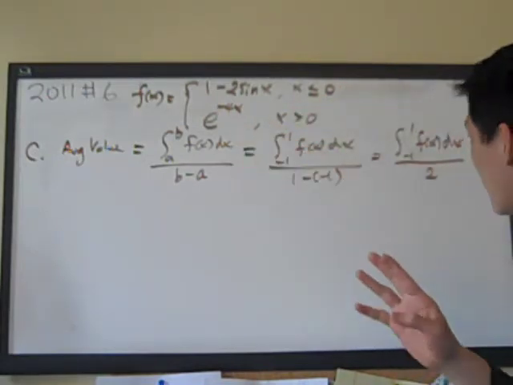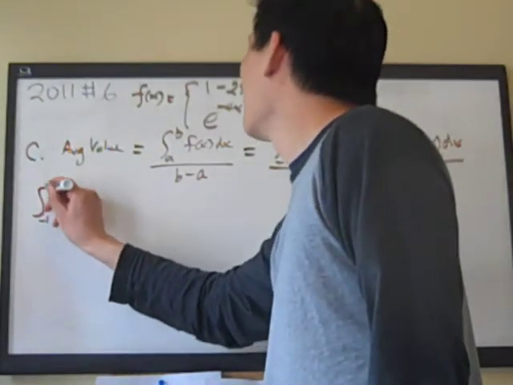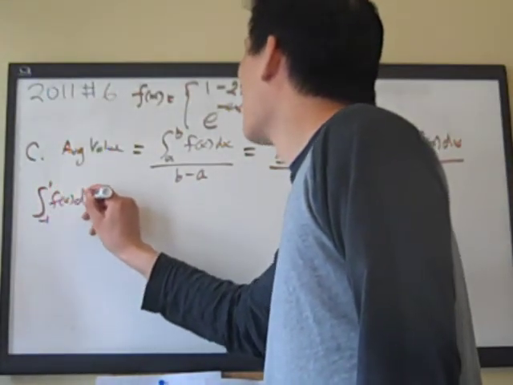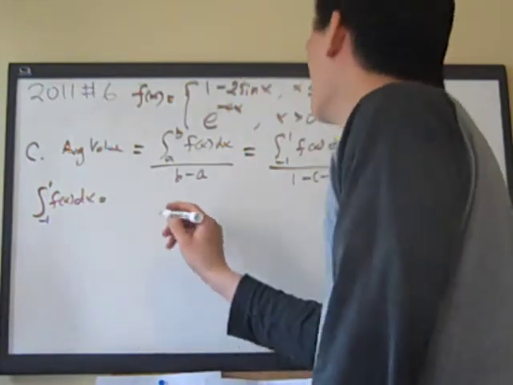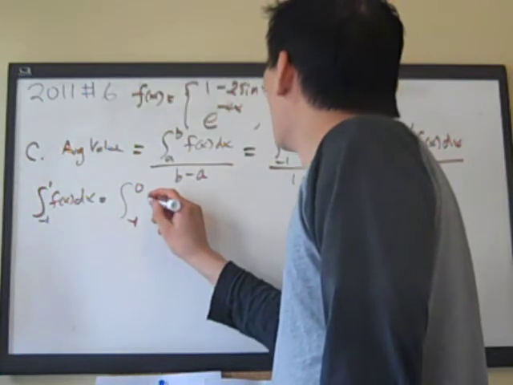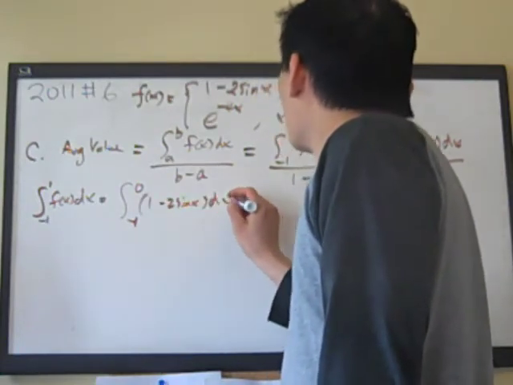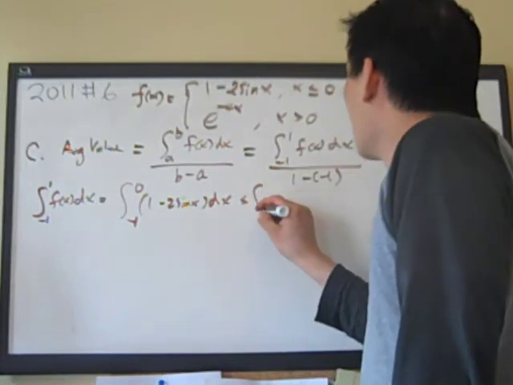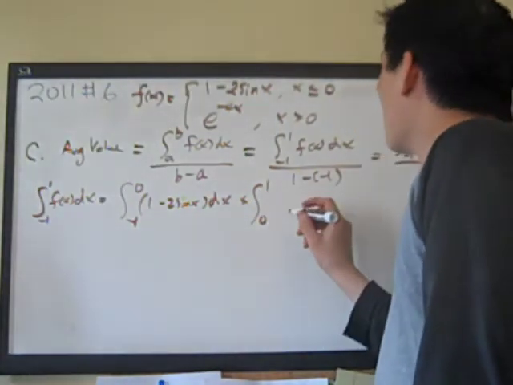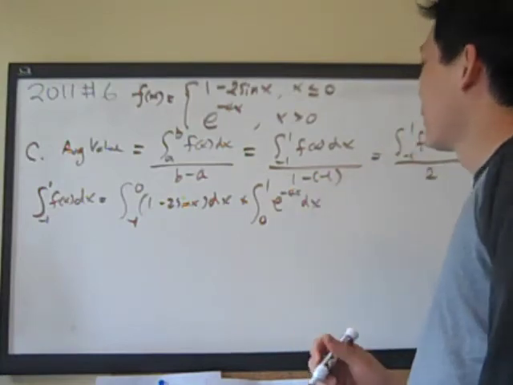So what that means is that the integral from -1 to 1 of f of x dx is actually the integral from -1 to 0 of 1 minus 2 sine x dx, plus the integral from 0 to 1 of e to the -4x dx.